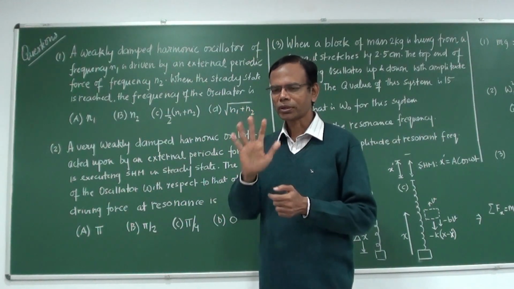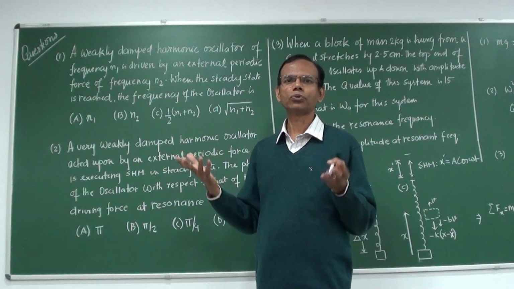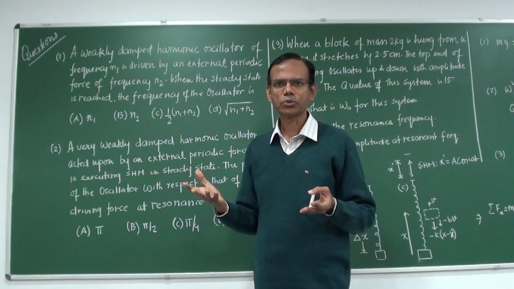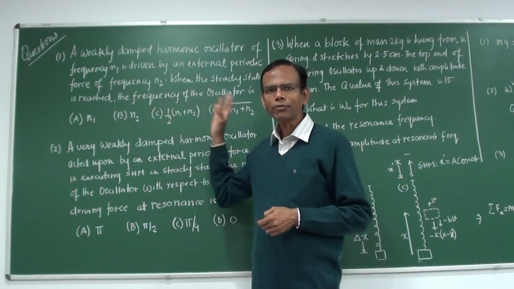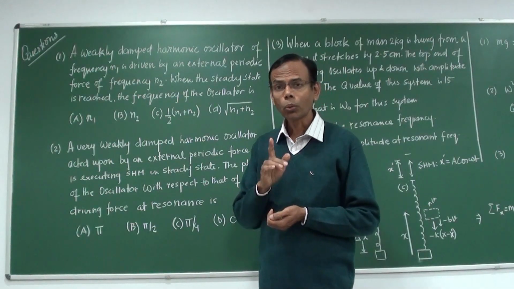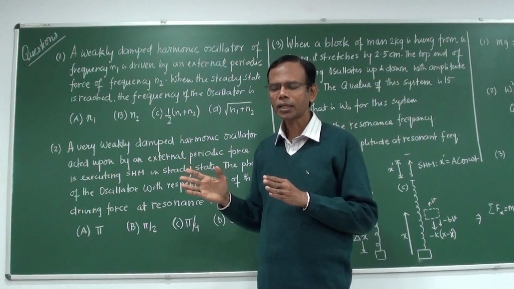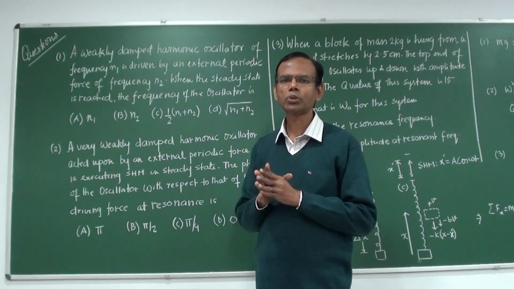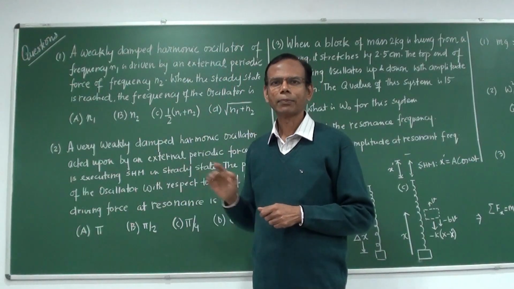So when the driving frequency is very fast, the amplitude cannot pick up. The oscillator is confused. So the amplitude at high frequency is also low, at low frequency is also low. Only when there is a resonance, that means omega d is approximately equal to omega 0, during that time the amplitude is very high.